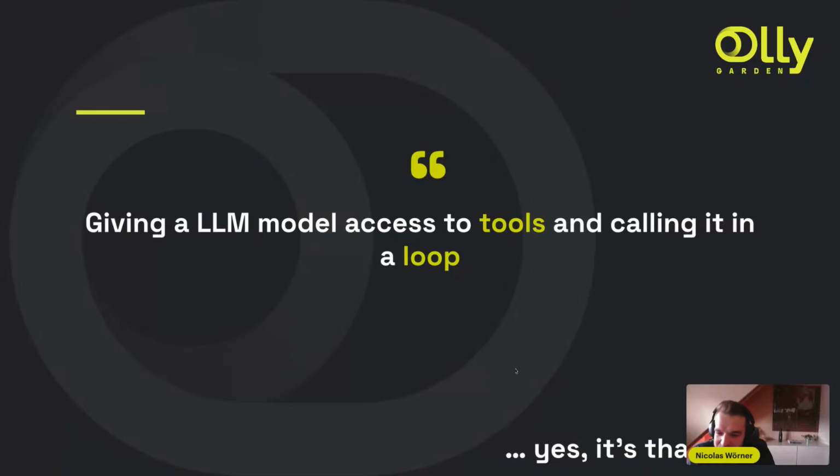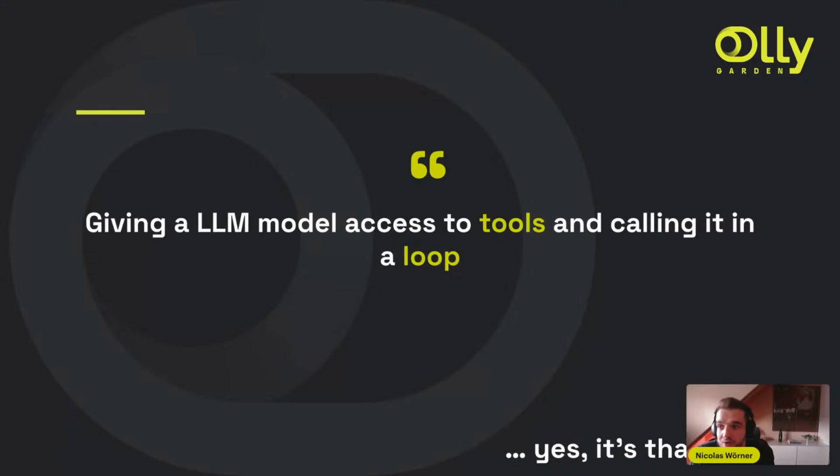And then the AI agent is kind of working with that prompt, and either it thinks about it or it directly calls some tools or responds to you. And the reason why we have a loop is that the agent decides if it needs to think, if it needs to call a tool, or if it's finished and ready to answer to us. So that's the idea of an agent. And yes, it's that simple.